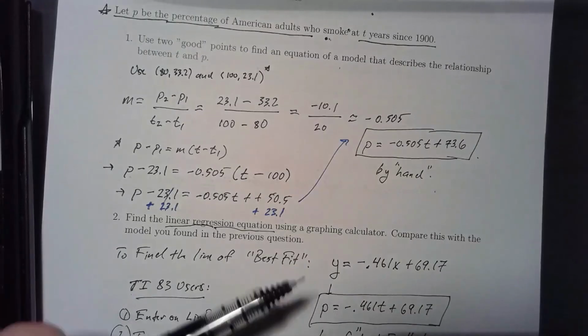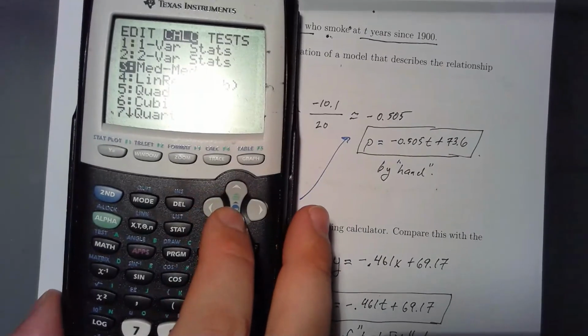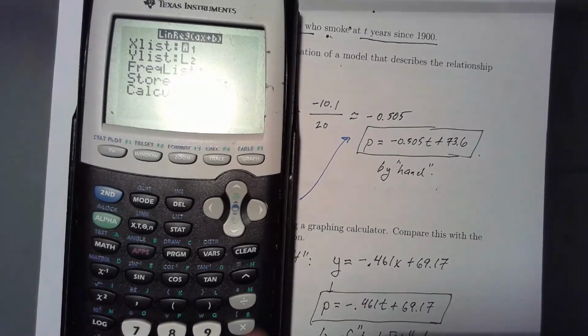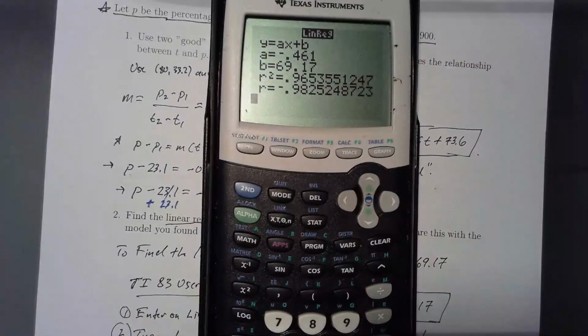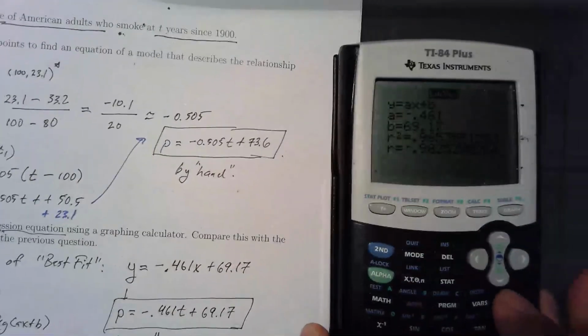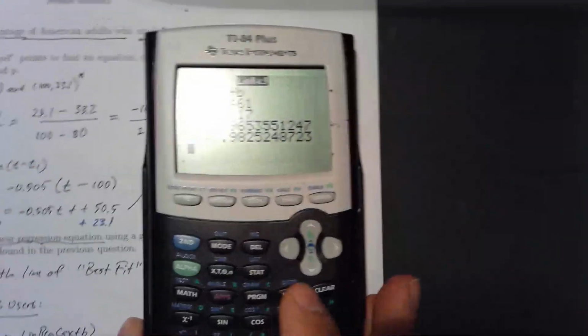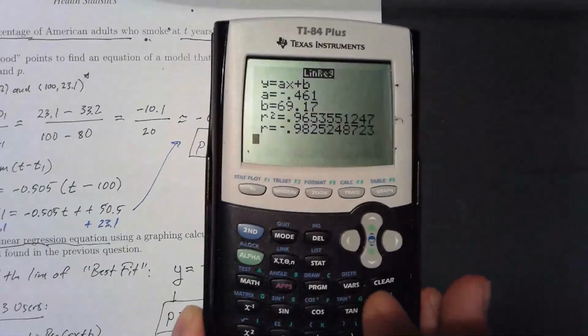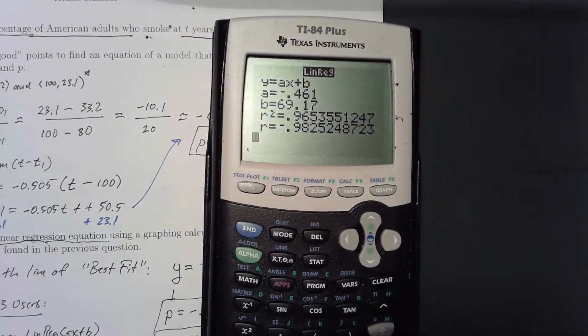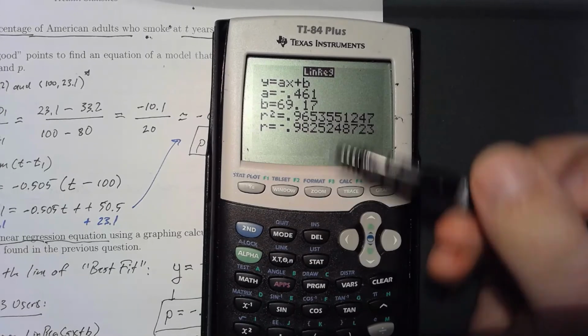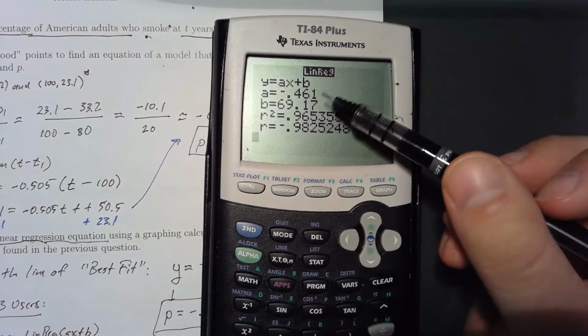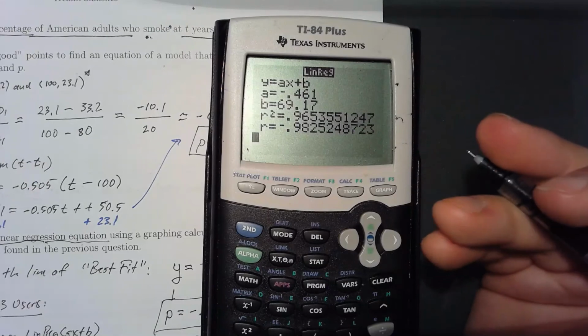So let me go back to my linear regression equation. I want to make a few comments on this. Remember in the previous section, in 2.1, I vaguely talked about how you know if data is linear or not.